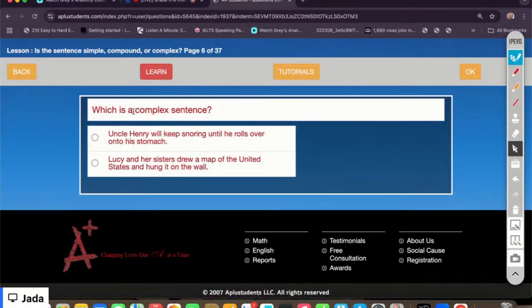Okay, let's do this one before we end. Complex sentence. Uncle Harry will keep snoring until he rolls over onto his stomach. Lucy and her sisters drew a map of the United States and hung it on the wall. So, what is the complex sentence here?